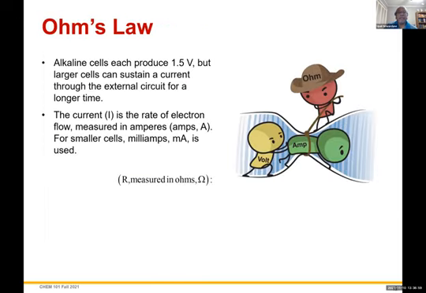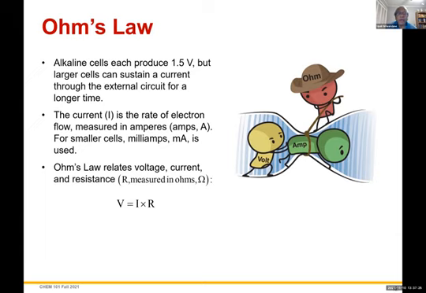Ohm's law is an expression where V is equal to IR. The current flow through a wire with resistance R is related to the voltage between the two ends of the wire. V is the electrode potential, cell potential, electrochemical cell potential.